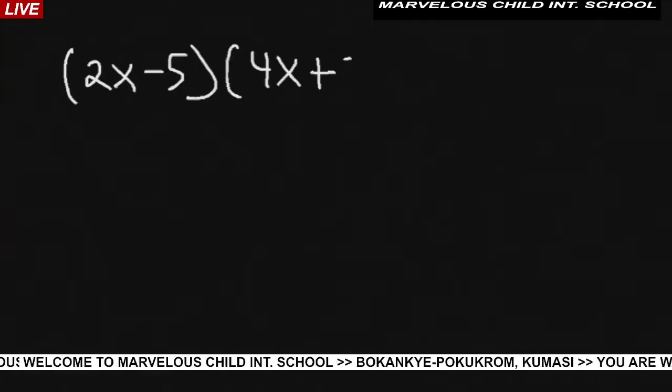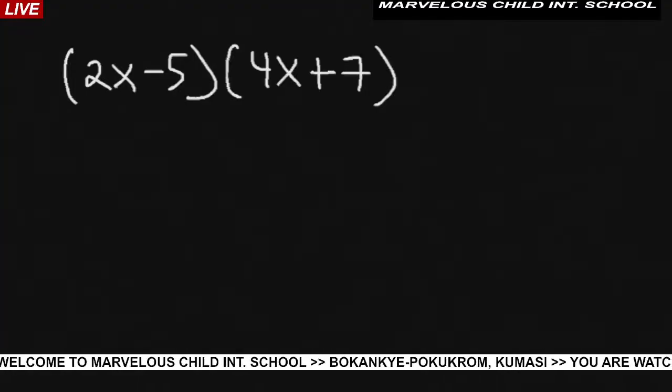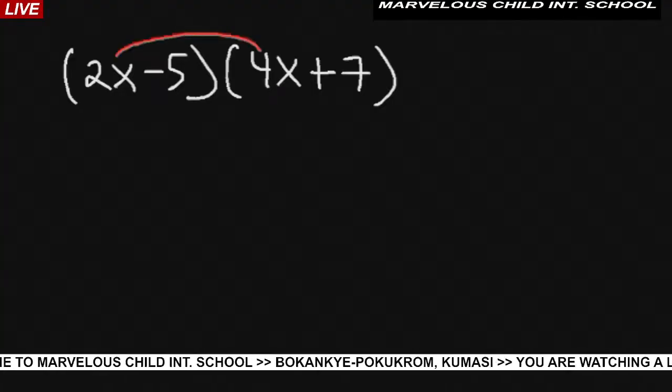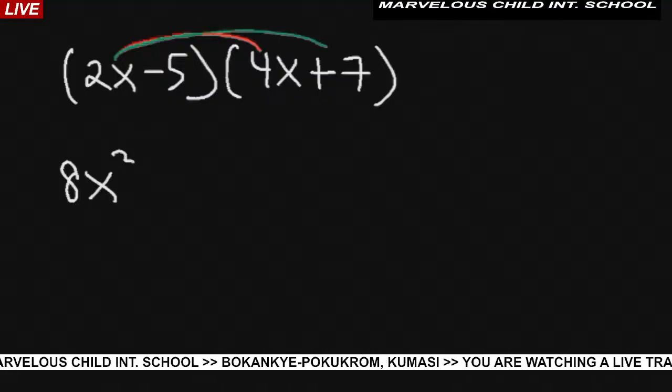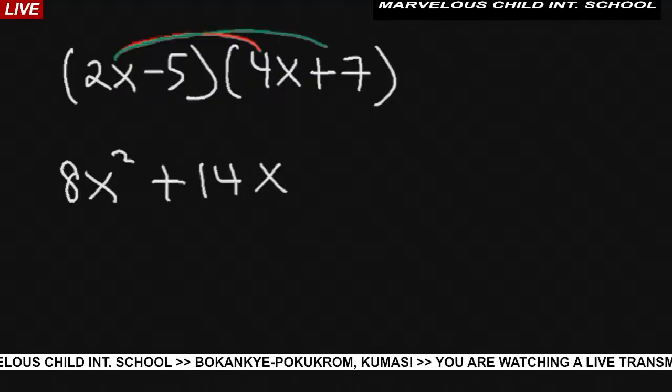Try this example. 2x minus 5 and 4x plus 7. Go ahead and FOIL this expression. So 2x times 4x, that's 8x squared, and 2x times 7 is 14x.